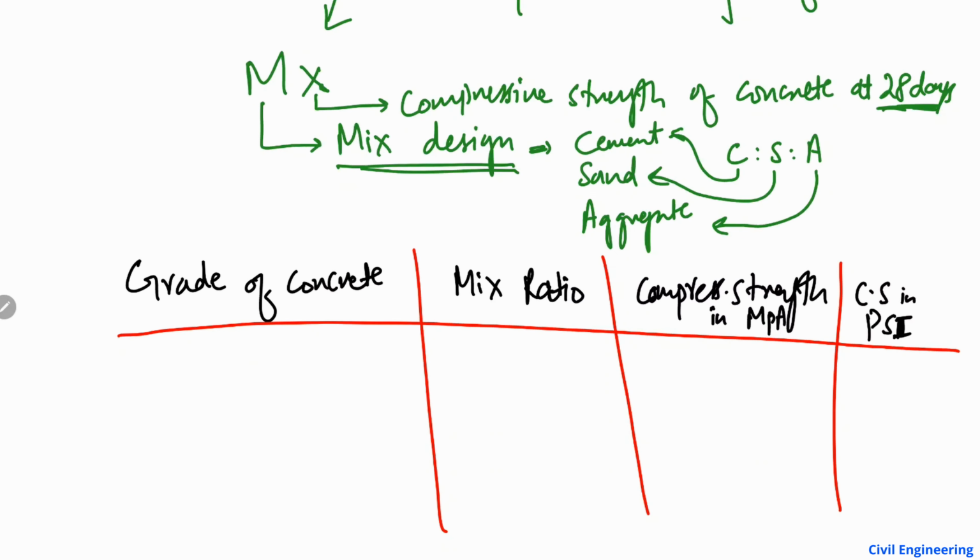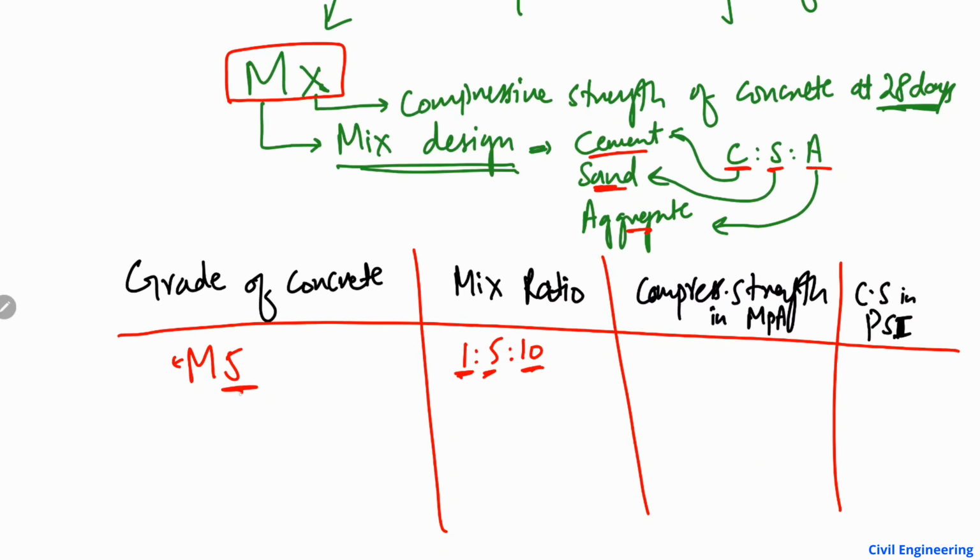So grade of concrete, I mentioned before that it is represented by two things, M and X. So I call it M5. It means it's a grade 5 concrete. So M represents the mixture of the concrete, and for M5 the mixture ratio is 1:5:10. It means that 1 is the ratio of the cement, 5 is the ratio of the sand, and 10 is the ratio of the coarse aggregate. So this is the mixture ratio for the grade 5 concrete, and the compressive strength is always the value here at 28 days.